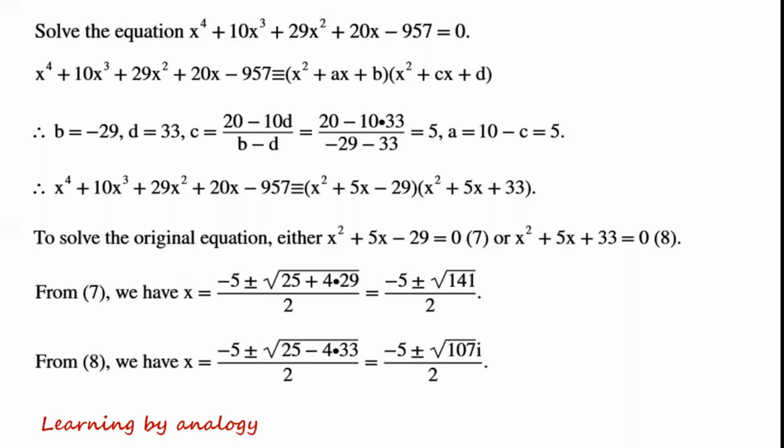From equation 8, we have x equals minus 5 plus or minus root of (25 minus 4 times 33), over 2, which simplifies to minus 5 plus or minus root of 107i, over 2.